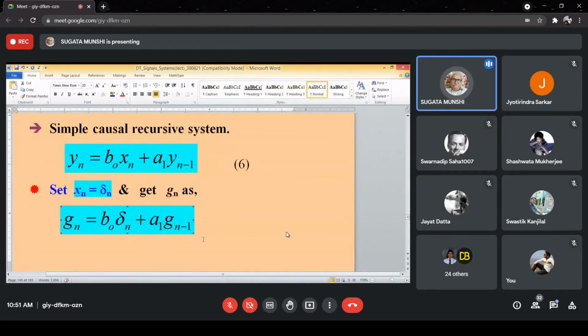Now if you just start from n equal to 0, what will be G0? It's B0 delta 0 plus A1 G minus 1. Because it's a causal system, G minus 1 is 0. So it is B0 into delta 0, that means B0.